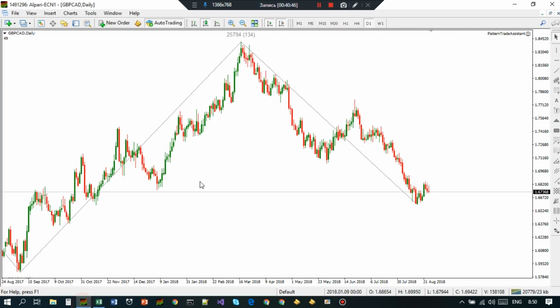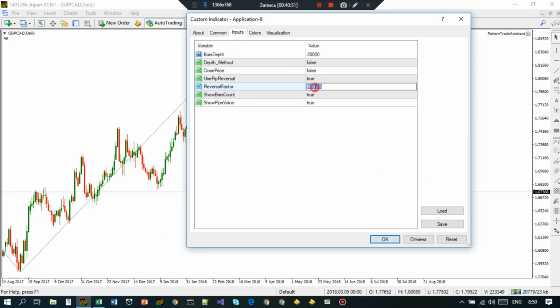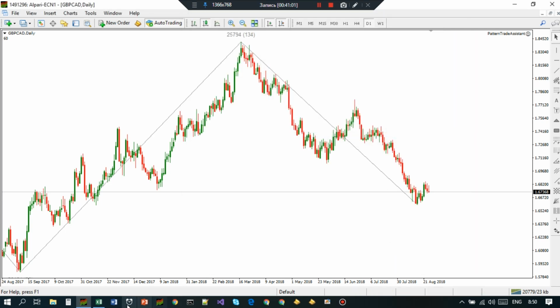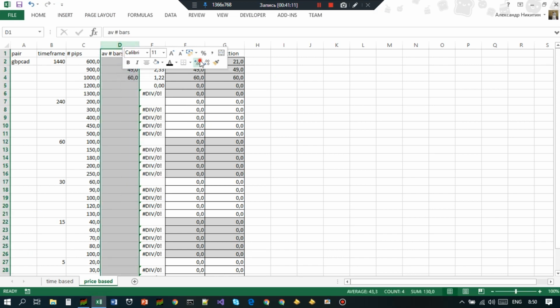If we have 100 pips, then it is 60 bars.